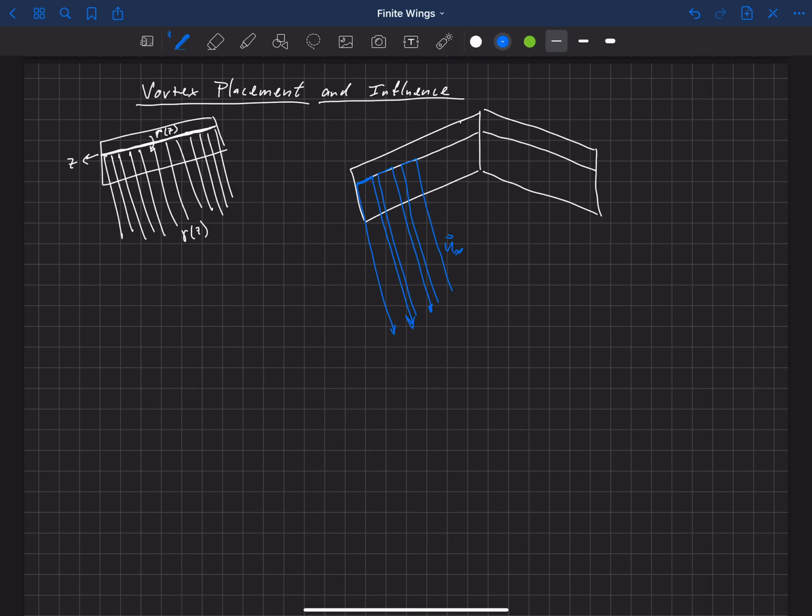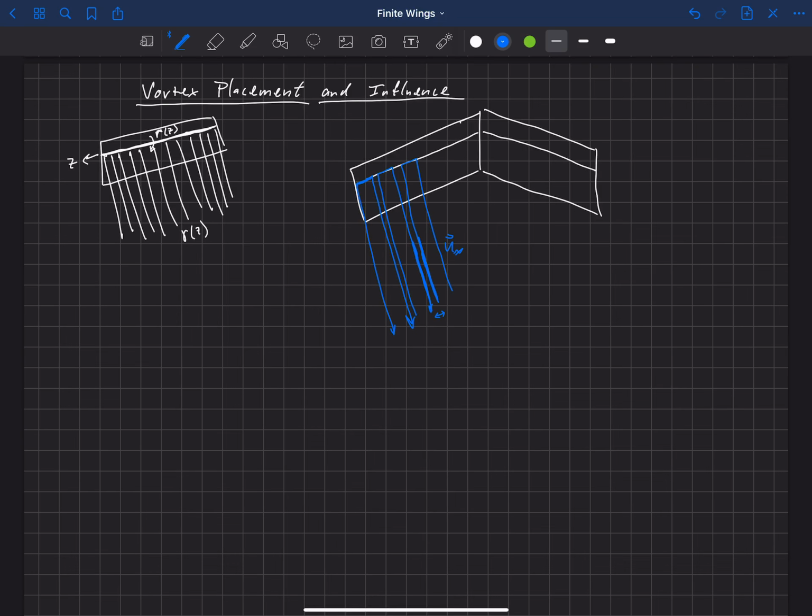Now I've drawn those with a gap here, but that's just for visual purposes. Actually, in reality, these are going to butt right up against each other so that the trailing vortex of one horseshoe vortex is coincident with the trailing vortex of the neighboring horseshoe vortex. Okay, so actually those will overlap and be coincident at those locations.